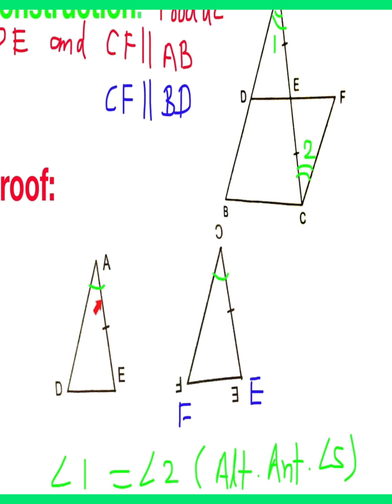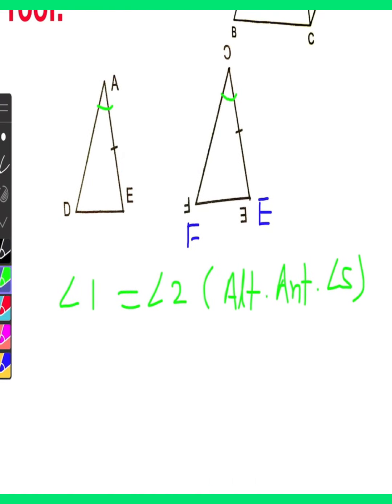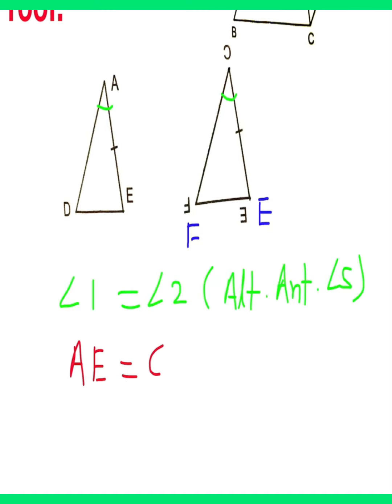So you can say that AE equal to CE. You can write here given, because E is the midpoint.